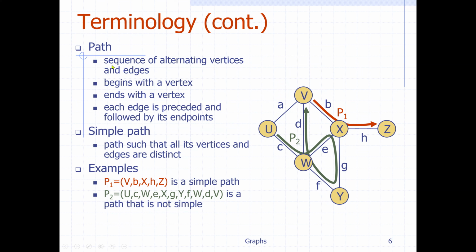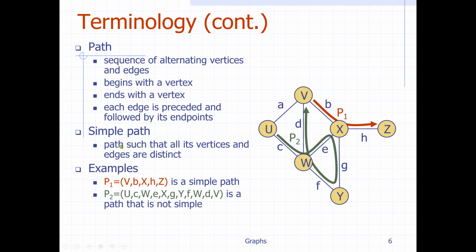So again, the path is a sequence of alternating vertices and edges. We always begin with a vertex and we have to end with a vertex. So we start with V and end at Z. Then each edge is preceded and followed by its endpoints. Now we have two types of path.